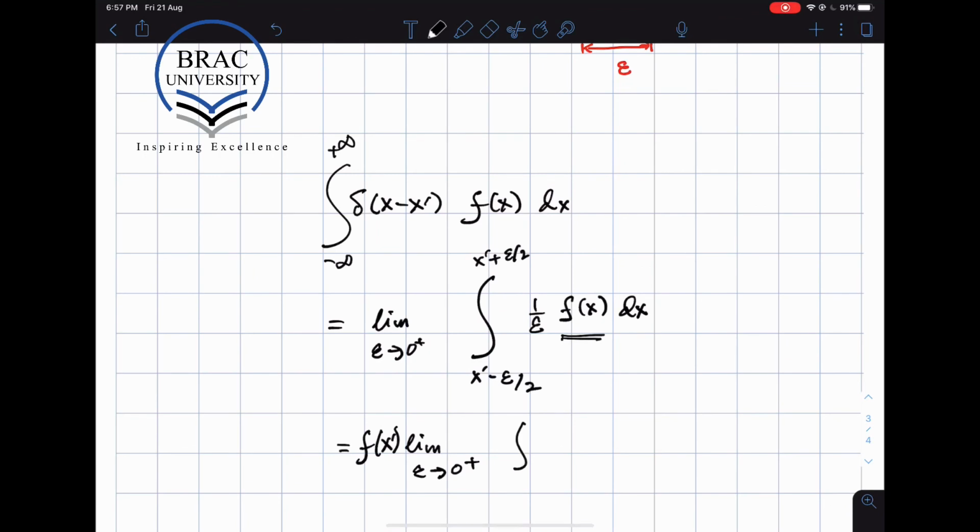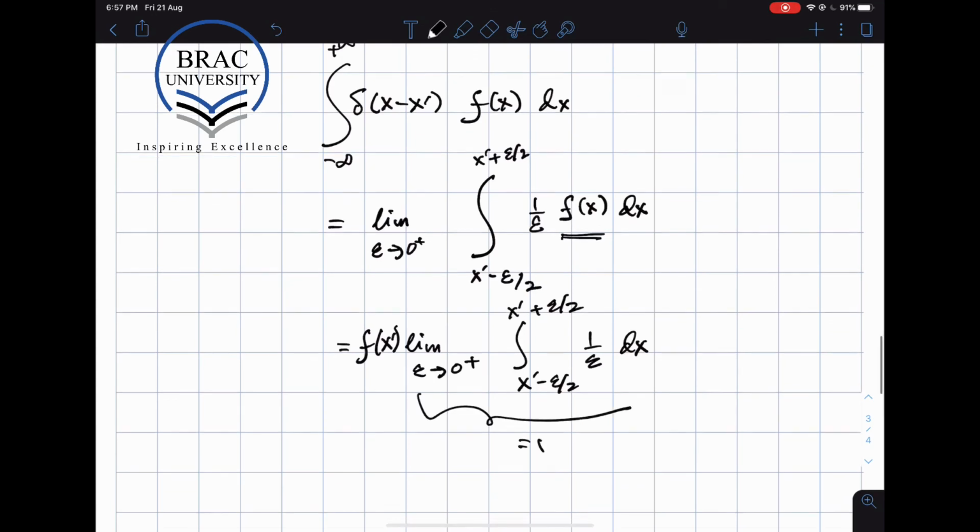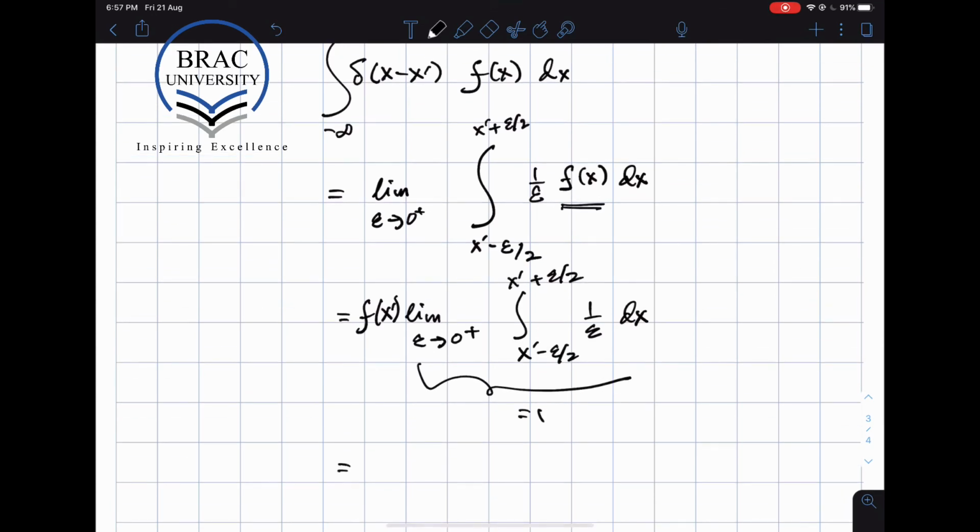And in the interval from x prime minus epsilon by 2 to x prime plus epsilon by 2, I have 1 over epsilon and dx. Of course, this integral is just going to give me epsilon, so therefore we are going to get from this thing just 1. As a result, we are going to get f of x prime.